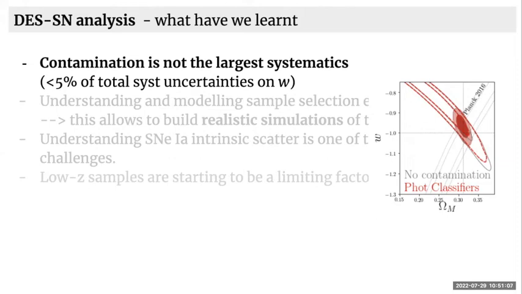And as you can see, the gray and the red contours are almost the same. When we implement those very powerful classification tools and plug probabilities into our cosmological fit, the biases on contours are really subdominant compared to our statistical uncertainties. So that's one of the first lessons that we have learned.